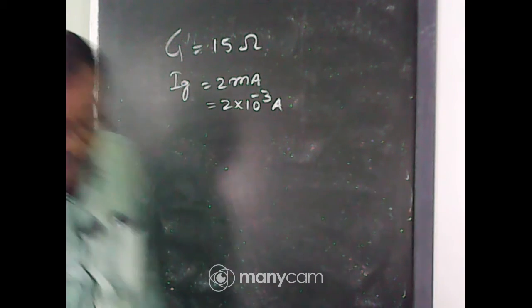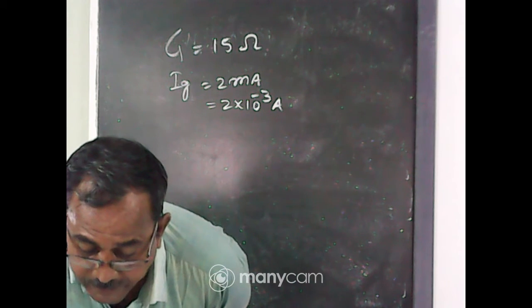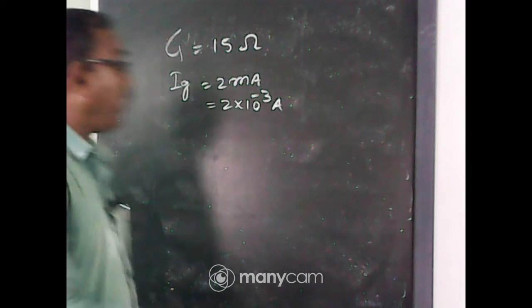Okay, and calculate the shunt resistance needed to convert it into an ammeter of range 0 to 5 ampere.